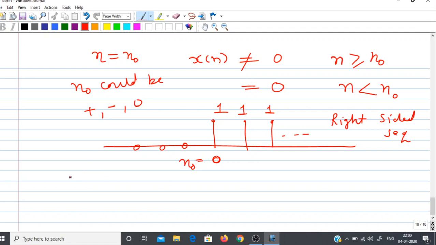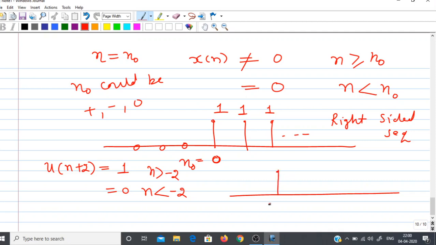Now, let us take one more example. If it is u[n+2], u[n+2] will be what? 1 for n greater than or equal to minus 2 and 0 for n strictly less than minus 2. So if I draw this sequence, from minus 2 onwards it is 1 and so on, and it is 0 at minus 3, at minus 4 and so on.